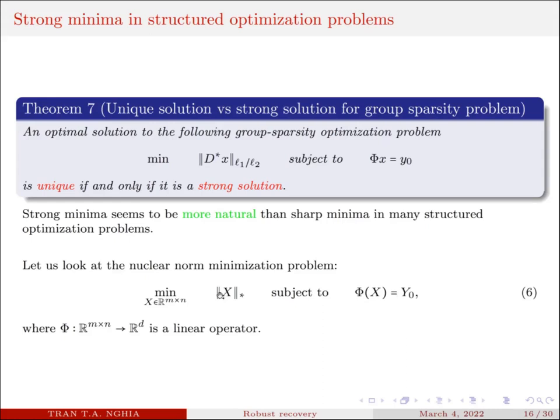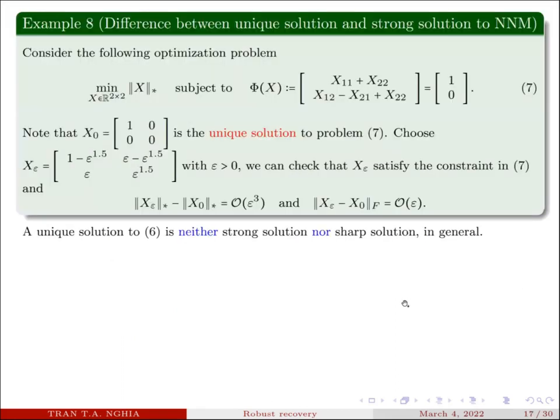We just minimize the nuclear norm with a linear constraint right here, and we have a very bad example. We could have this kind of same problem, but only for the case of a 2x2 matrix, with the linear condition right here.